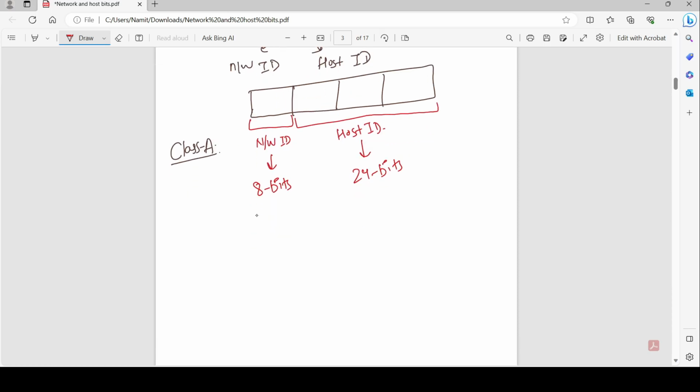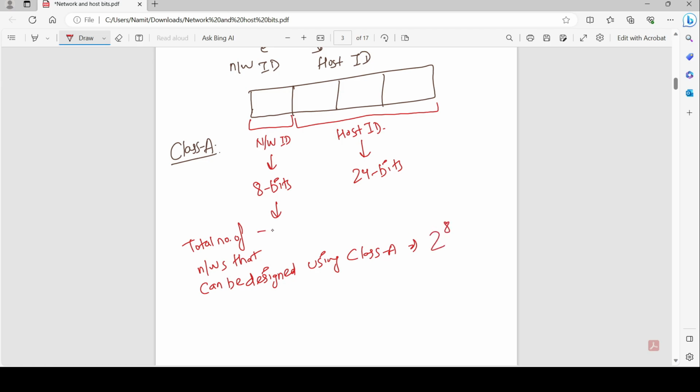Got it? It means if network ID is 8 bits, the total number of networks that can be designed using class A would be 2 raised to power 8, as simple as that.